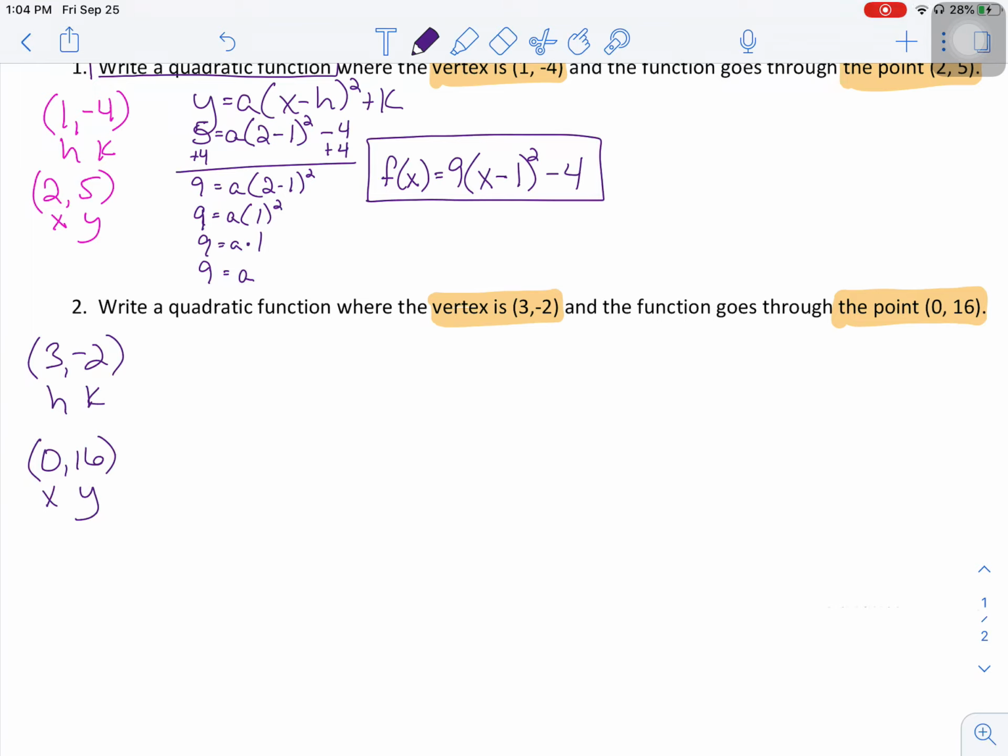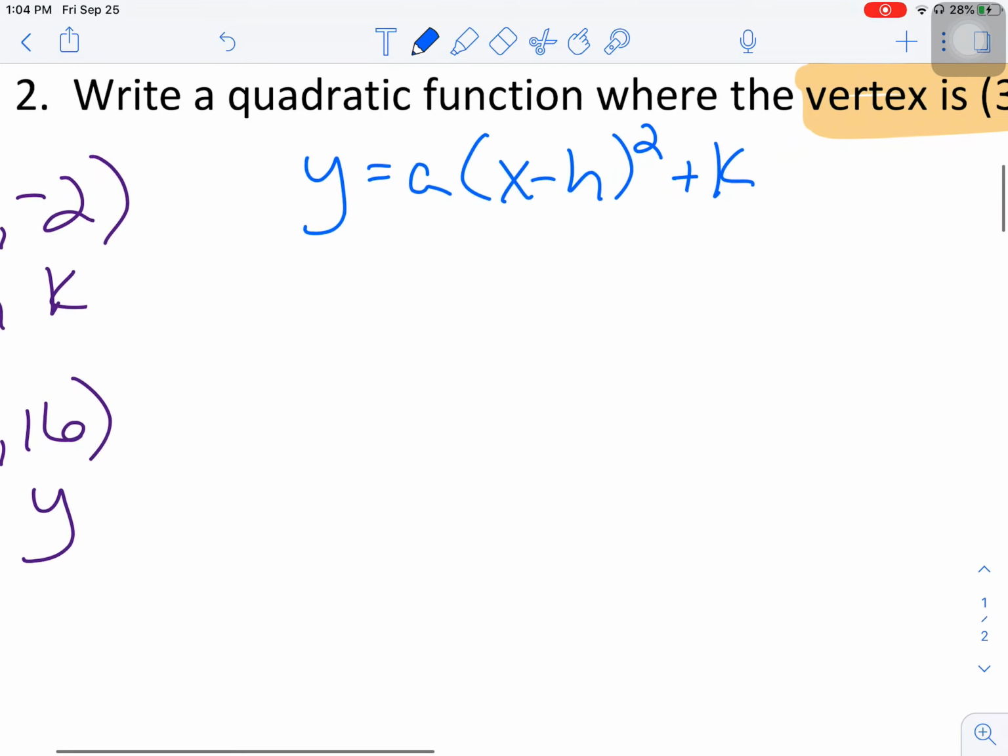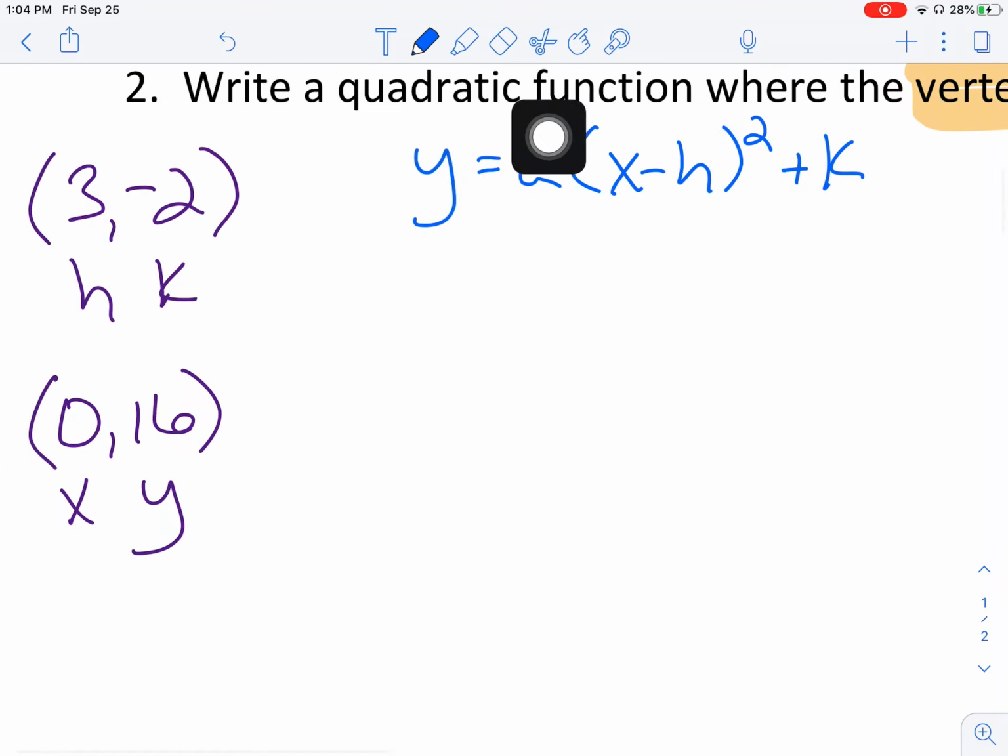Since we have a vertex, we want to use vertex form. Vertex form is y equals a times (x minus h) squared plus k. I'm going to zoom in because, again, this equation and these 2 points are all I need. Y gets replaced with 16. A, I don't know.